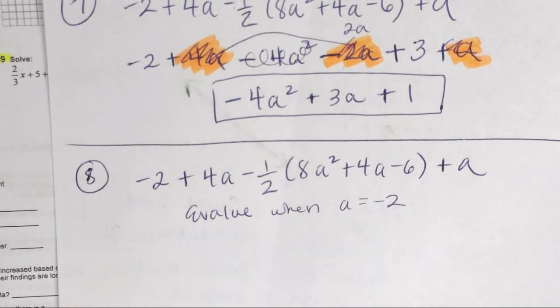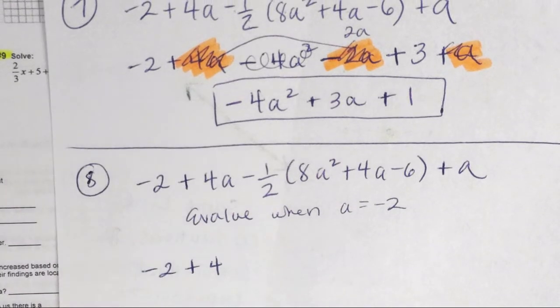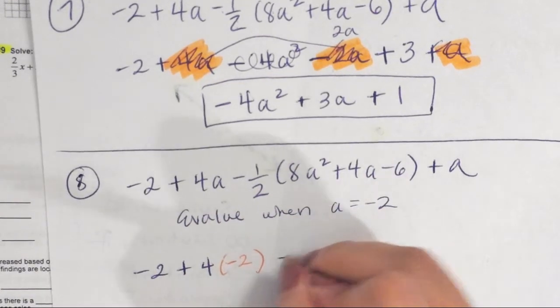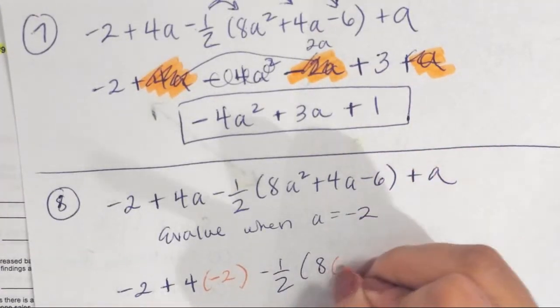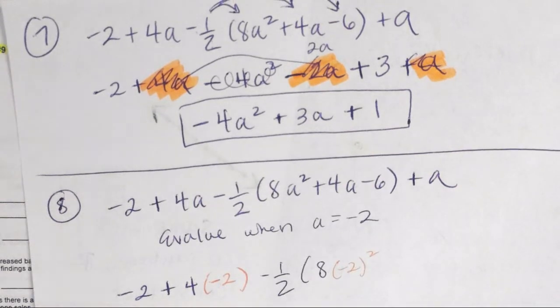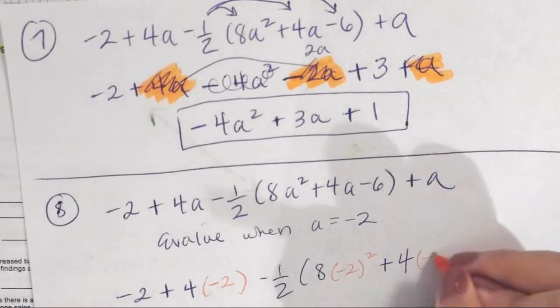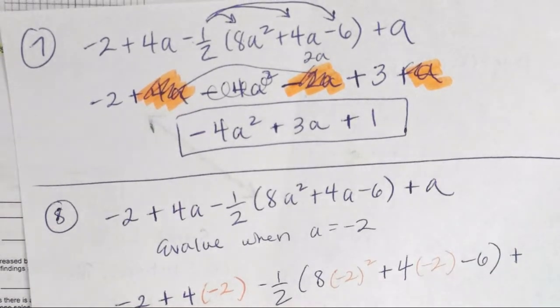So anytime you see an a, you're going to plug in negative 2. Just like that. Minus 1/2 8 negative 2 squared plus 4 times negative 2. So I'm just plugging it in. Plus a.